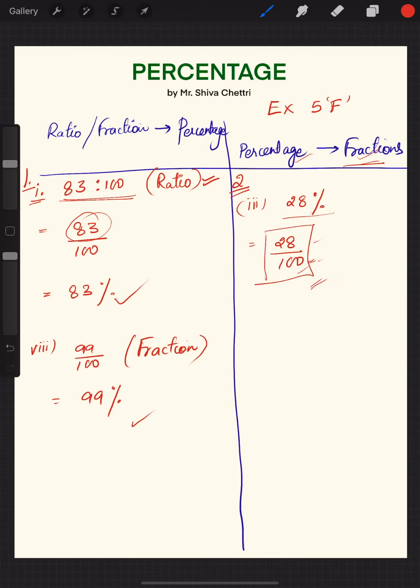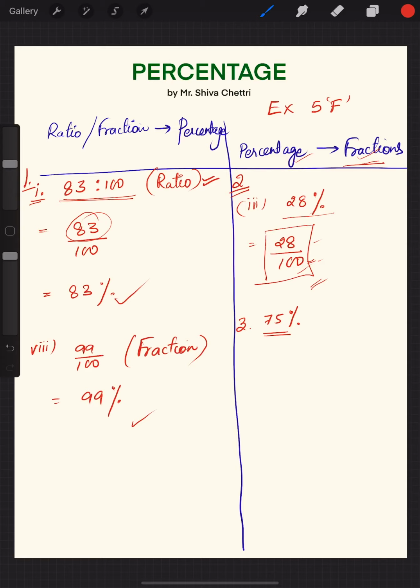Now for question number 3, it says convert the following percentage into a fraction in its simplest form. So there we have 75%.